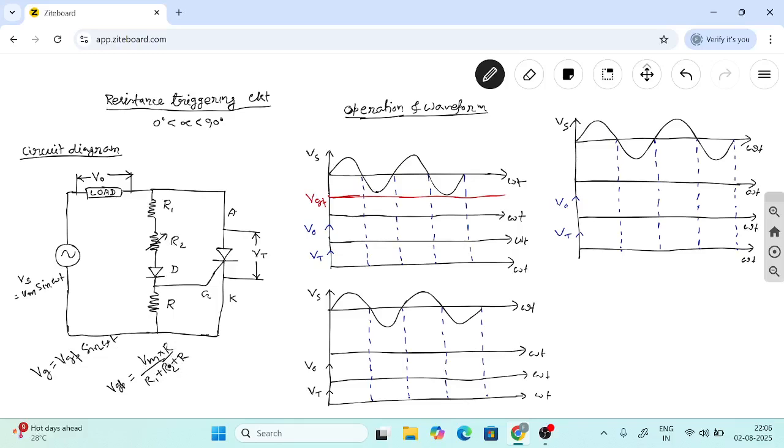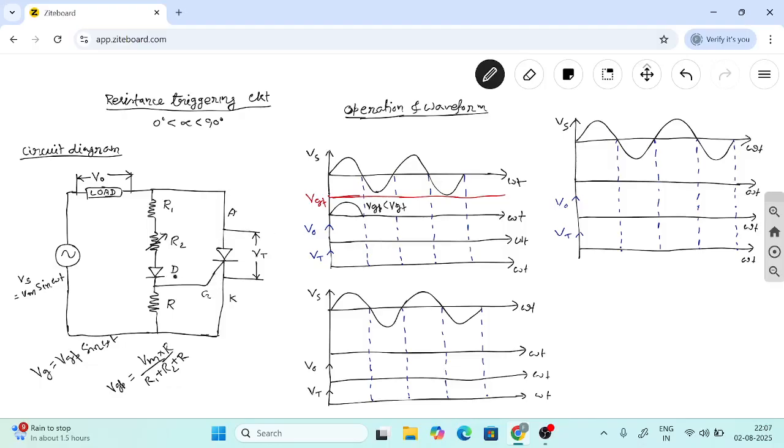So if R2 becomes large, the peak voltage which appears across R is less. So it does not reach the gate triggering voltage, that is VGP is less than VGT, gate triggering voltage. Next, during negative half cycle, the voltage does not appear across the gate, because diode is connected here.